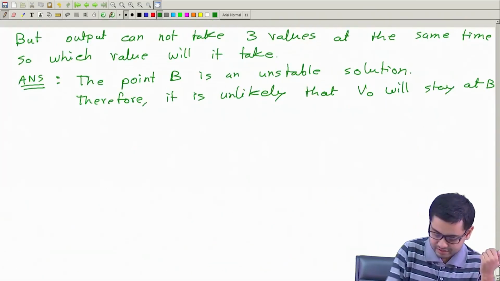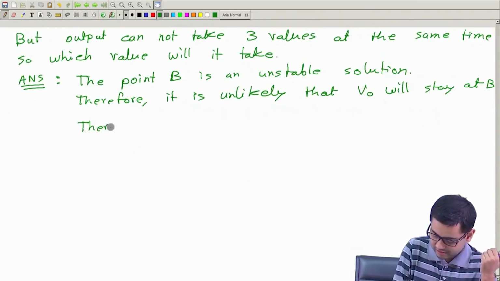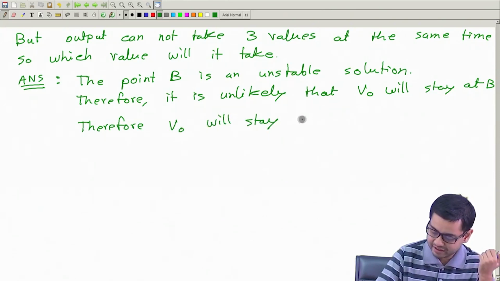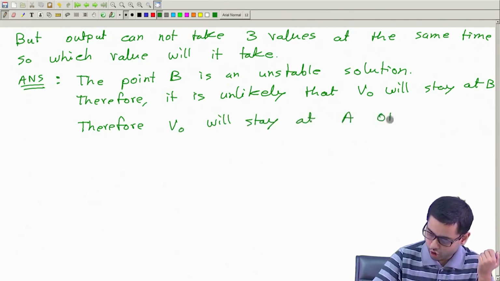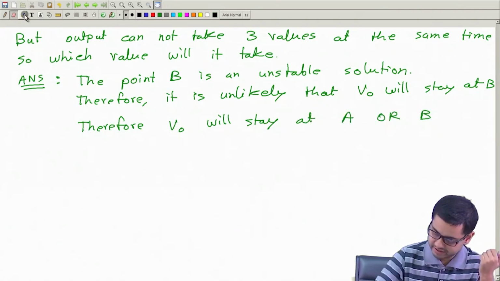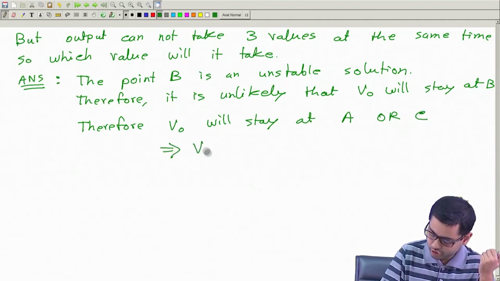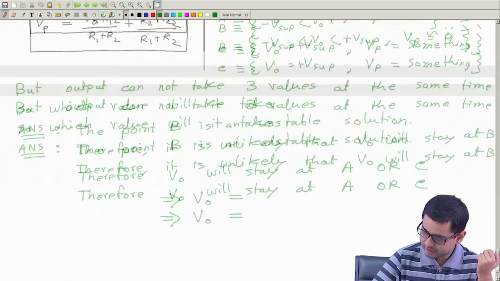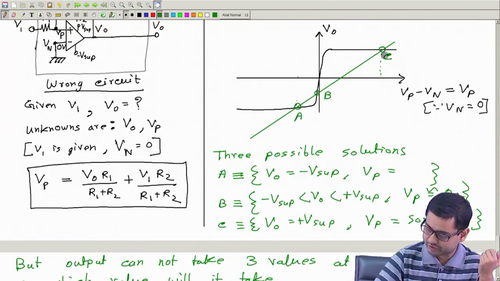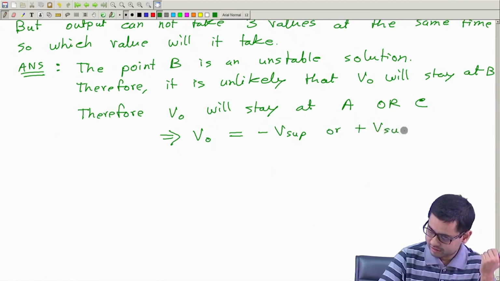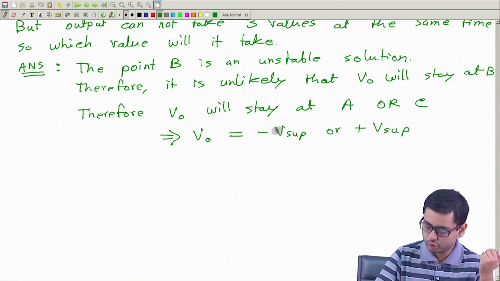Therefore the solution will stay at A or C, which means VO will be equal to minus V supply or plus V supply. Still we have two possibilities.